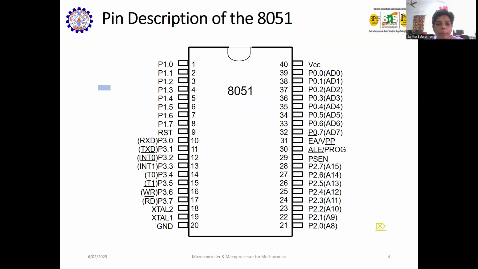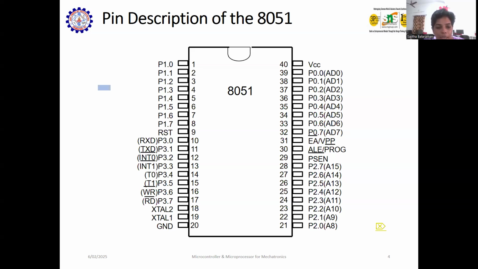Starting from pin 1 to pin 8, it is port 1, given as port 1.0, port 1.1, port 1.2, etc., up to port 1.7. Pin number 9 is for reset.